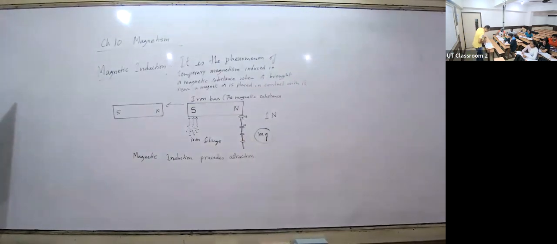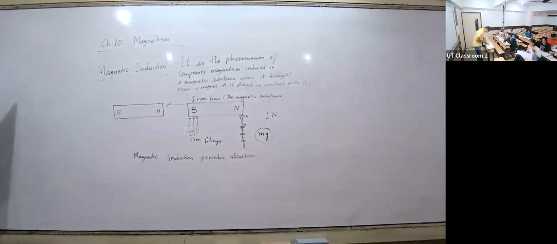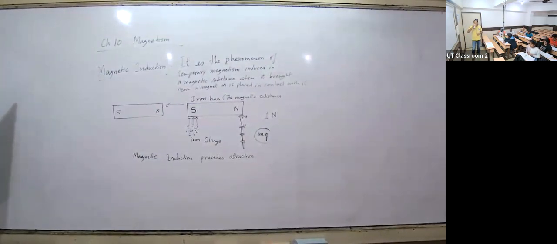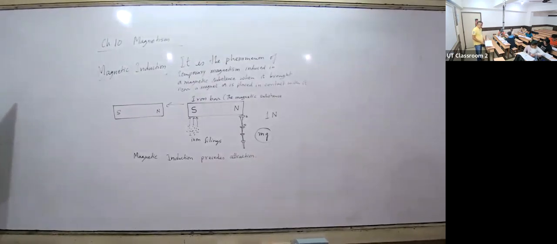So now read the blue boxes and induced magnetism is temporary. These are the key things that you must understand. ठीक है?